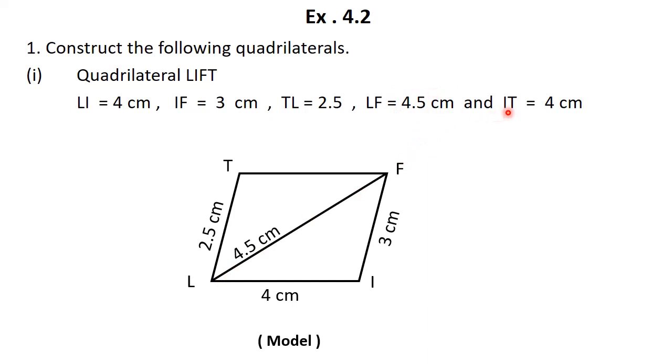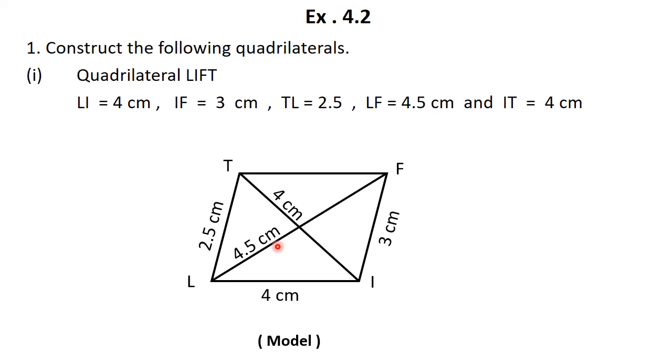And at the end, IT is given. So I is here, T is here. We connect them by a straight line, and we get the second diagonal of the quadrilateral. And the length of this diagonal should be 4 cm.